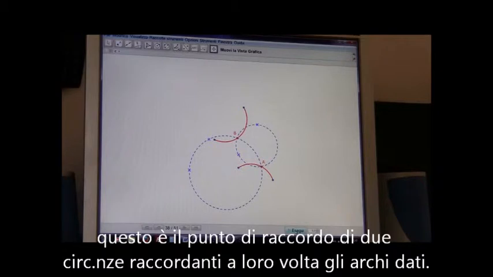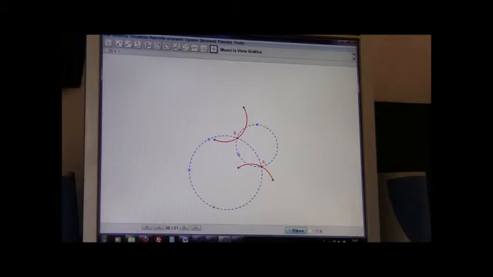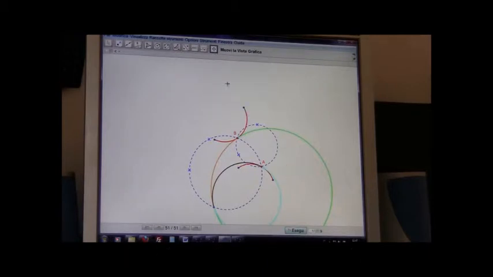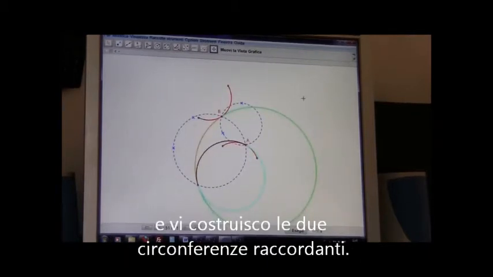Let us take a look. So I take a point down there, see it, and that is where I draw my circumferences.